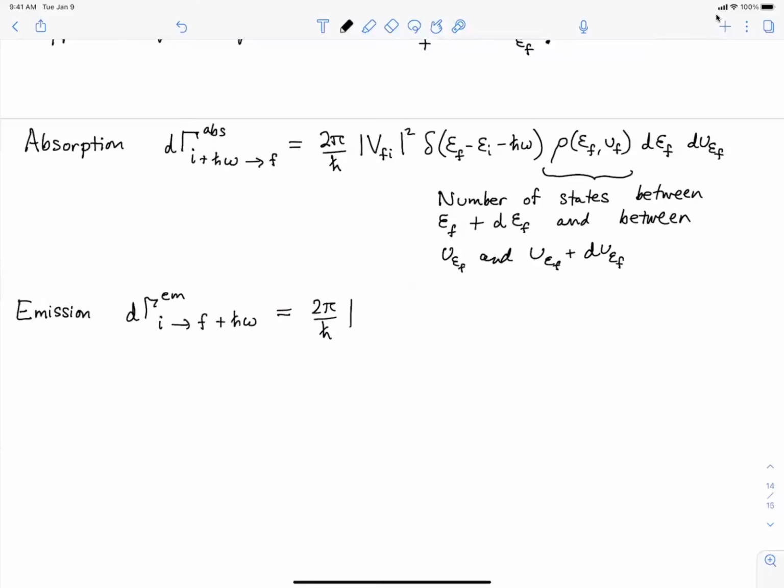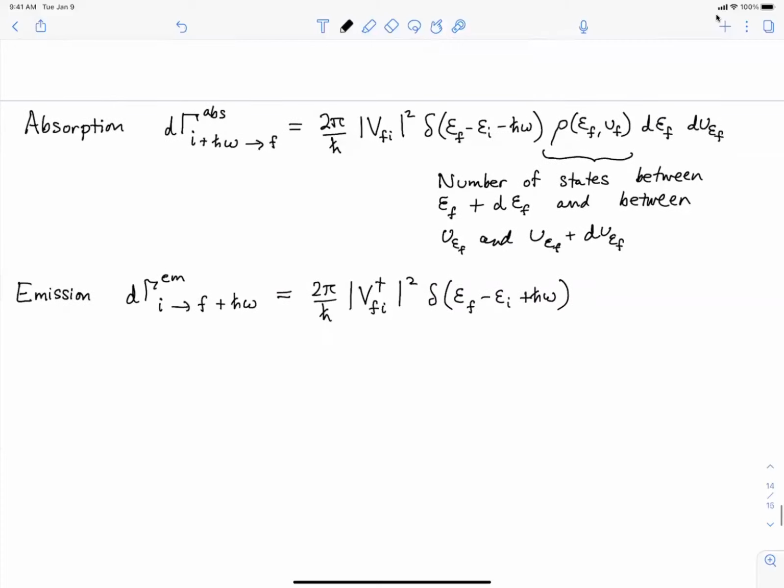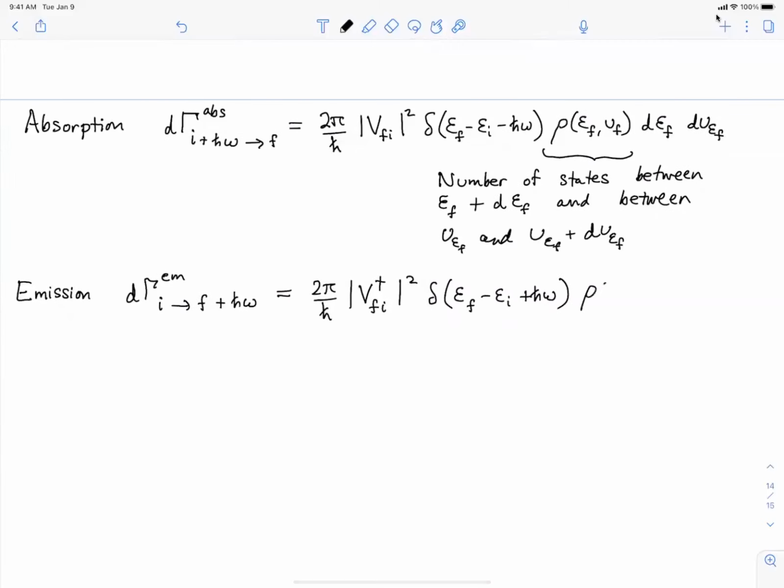The main difference is that instead of the operator V that we're taking the matrix element of, we're taking the matrix element of V dagger. And the delta function is slightly different because the h bar omega now has the opposite sign, because instead of stealing energy from the perturbation, we're donating energy to the perturbation. Okay, but then the rest of it's the same.